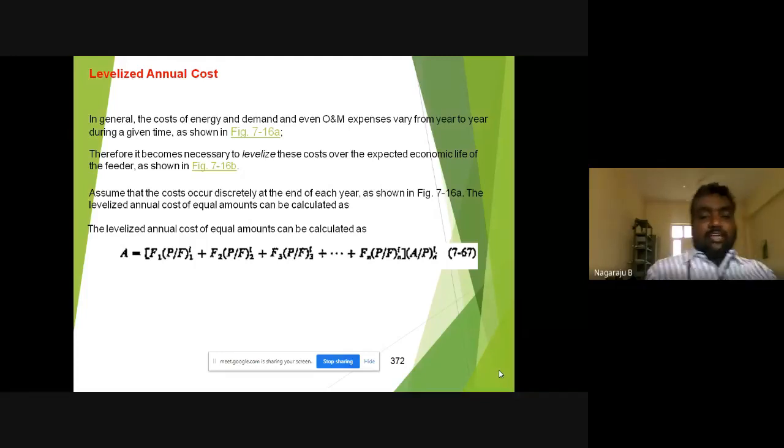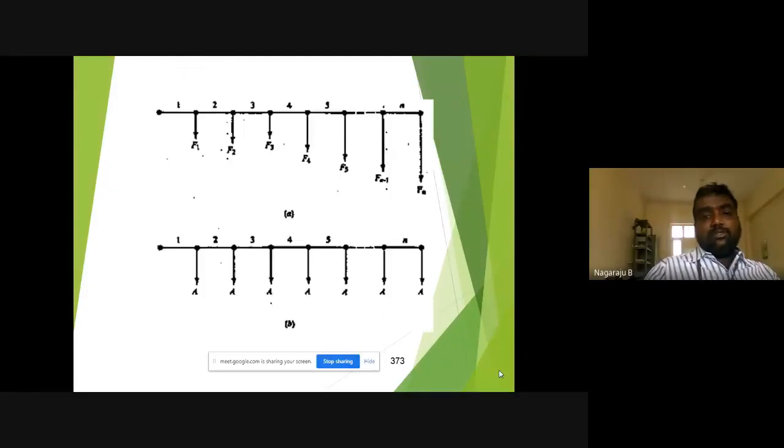A is equal to annual cost is equal to F1 into P divided by F1 whole transpose. Like this type of thing you will have. And this is about the annual thing. So this is why I am going for the F1s and A. A is the annual cost after the correction.